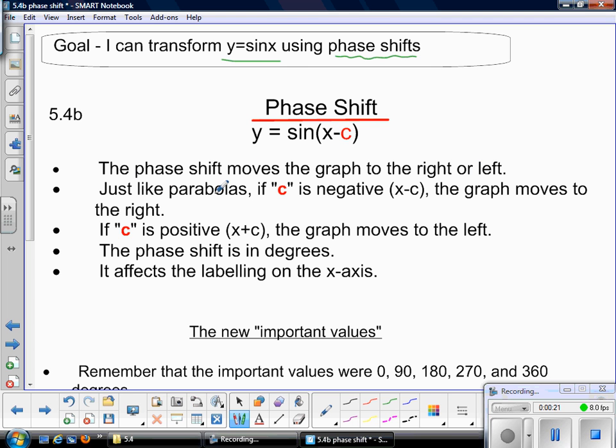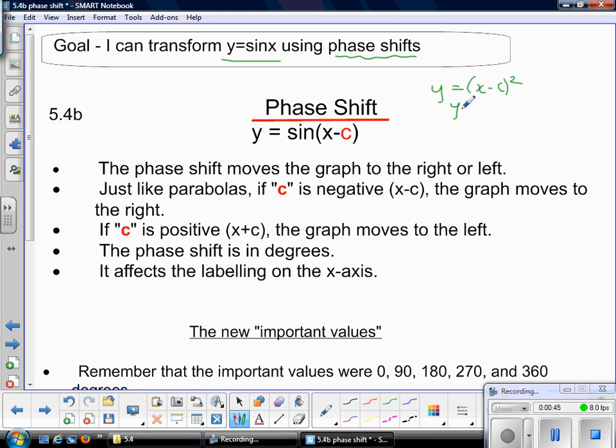Now, just like parabolas, if you remember with a parabola, you had y equals, and we had x. Well, I'm going to put a minus c squared here. So what happened is it moves it in the opposite direction. So in other words, if it says x minus 3, it means it moves the graph to the right 3, the same way as it would in a parabola.